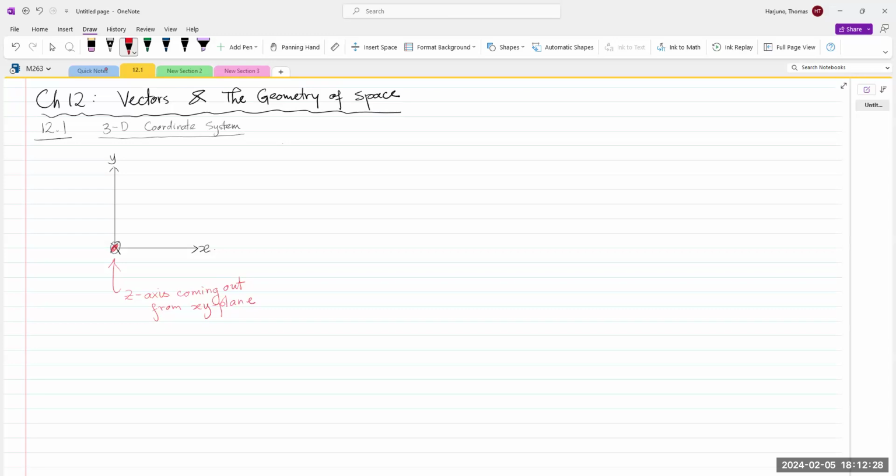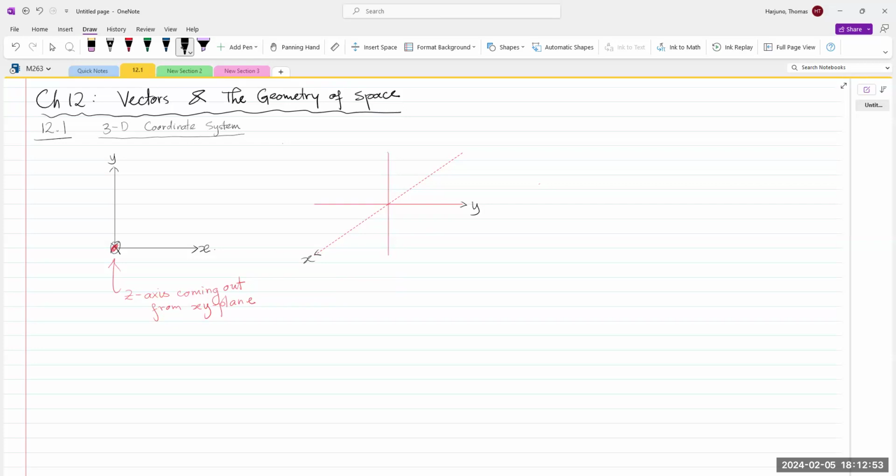Okay, let's say we have this here, and if this is my x-axis, this is the y-axis, right?